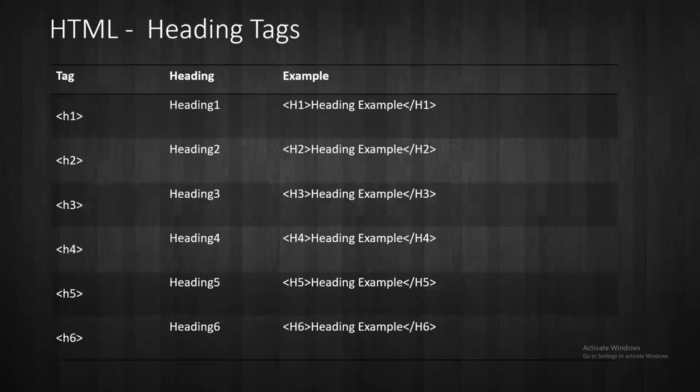What are heading tags? Generally heading tags are used to give headings in your web page. These heading tags are from H1 to H6, depending upon your level. I mean, at whatever level you are giving, based on that, you can use from H1 to H6.